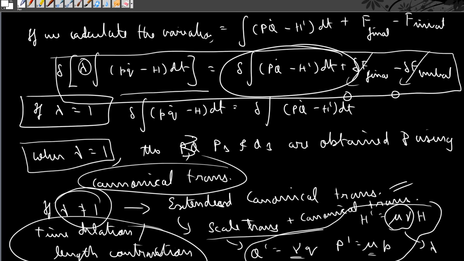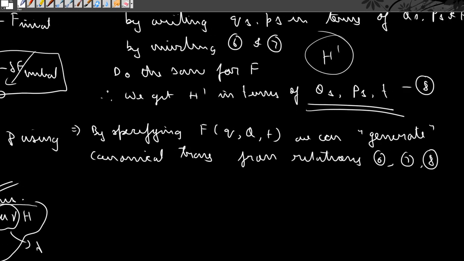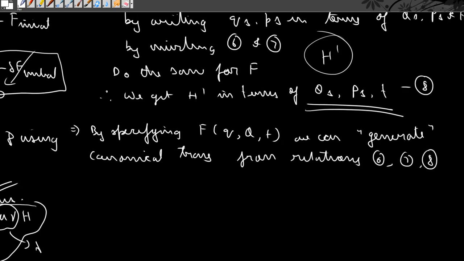This means Hamilton's equations are preserved under this transformation, and this is valid for any old Hamiltonian, and therefore this is indeed generating a canonical transformation.